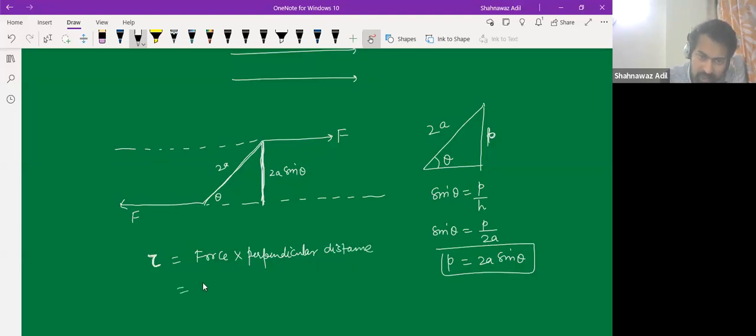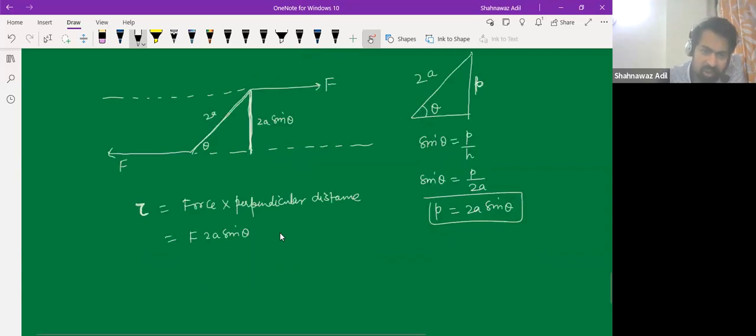So force is F, perpendicular distance is 2a sine theta, and we already know the amount of force, that is qE. So this is qE times 2a sine theta.